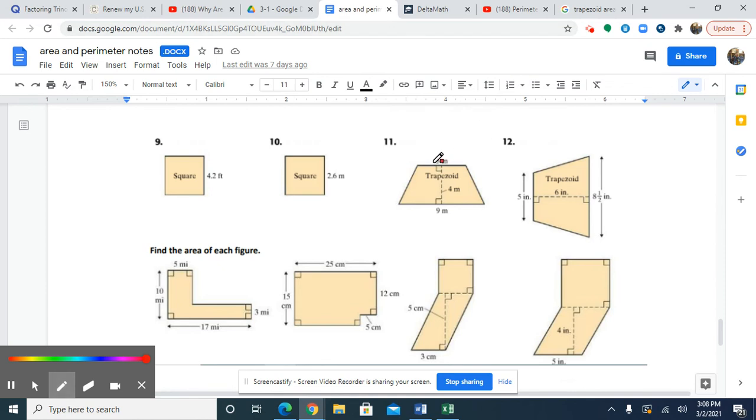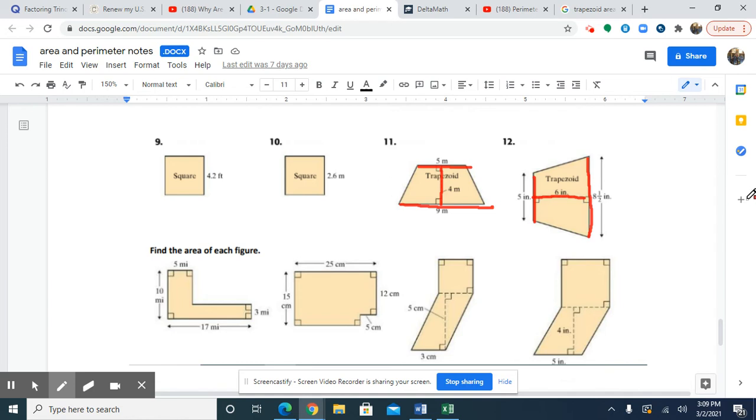Now, when we have a trapezoid, we have 2 bases. We have the small base and the large base. And then we have a height from the lowest to the highest point.